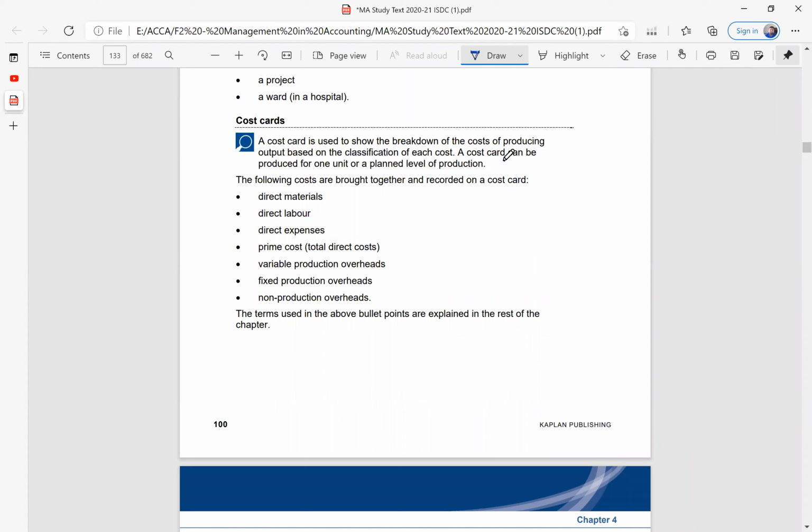Now, if that machinery works 5 hours, in those 5 hours it is making one table. So 5 hours into whatever the rate per hour is for the machinery, let's say it is $3. So 5 into 3, $15 is the cost of direct expenses because you produced one unit of table.